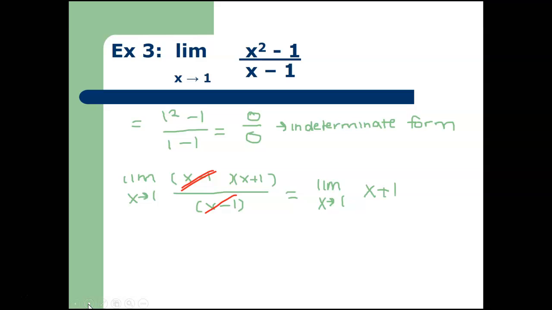It just means that my domain does not include 1. So the domain is all reals for this problem except x equals 1, which means that f of 1 does not equal the limit, but the limit is approaching it from both sides. So the limit as x approaches 1 of x plus 1 gives 1 plus 1, or 2.